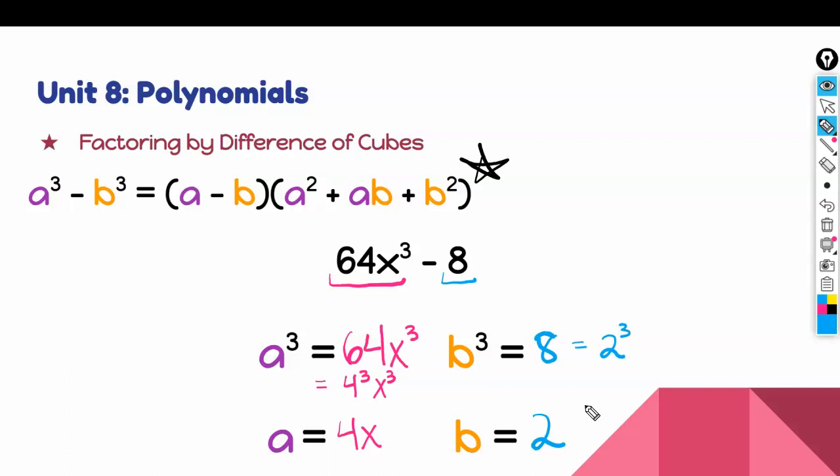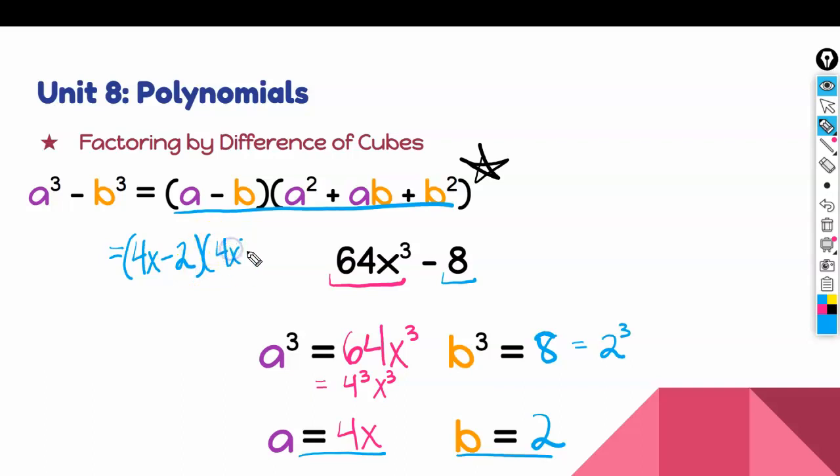factoring by difference of cubes, I take the a and the b and I plug it into this part of the formula. So when I plug it into the difference of cubes formula, it gives me 4x minus 2 times 4x squared plus 4x times 2 plus 2 squared.